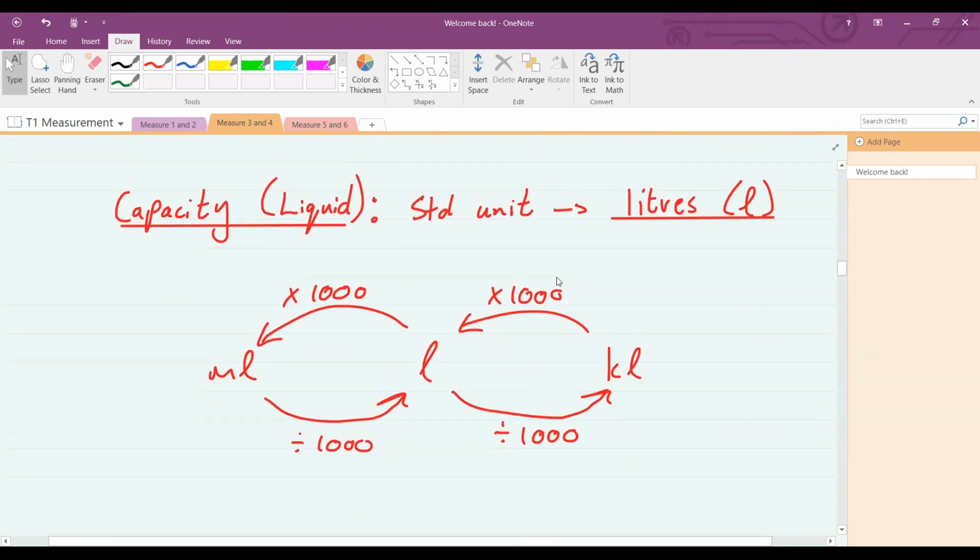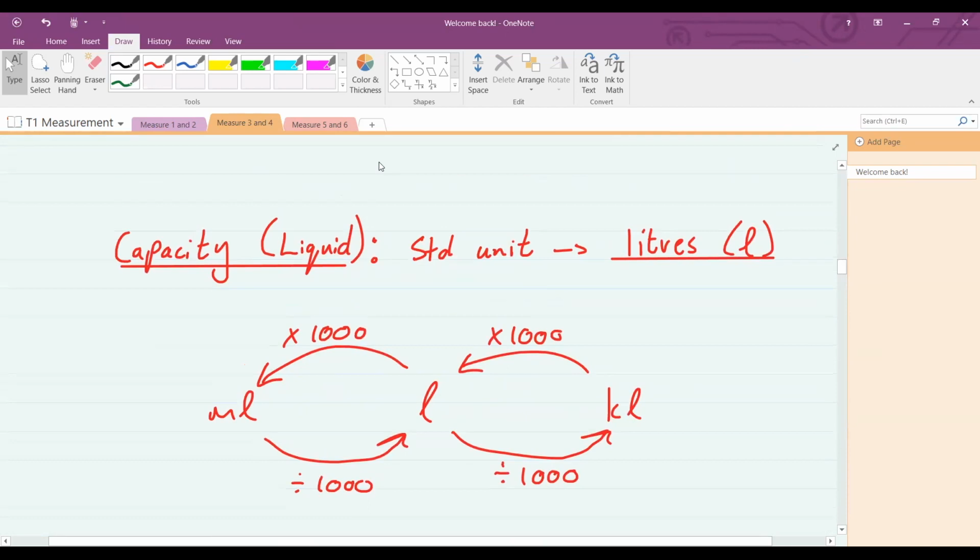We had a very brief look at capacity. Capacity is if you have a container like an ice cream container, and you fill it with liquid, how much liquid is in there? So the standard unit is liters. Capacity is fluid liquid.